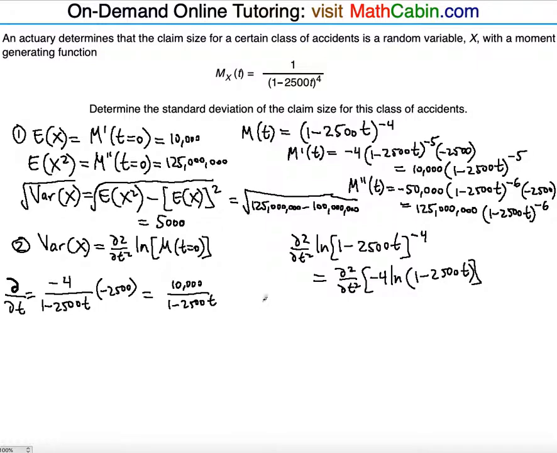So now what is going to be the second? The second is going to be the derivative of this. Obviously we can express this as 10,000 times (1 minus 2500t) to the -1, right?